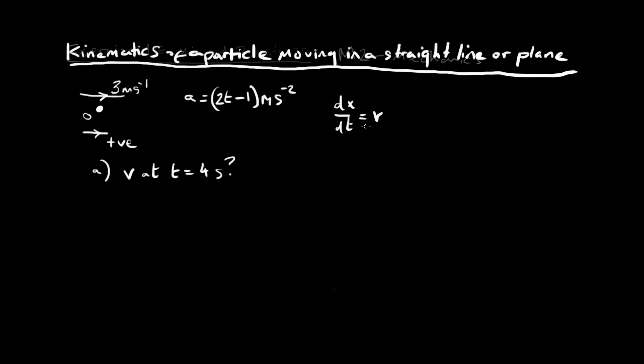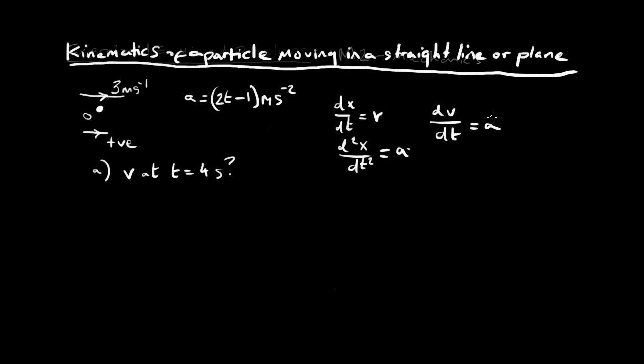We don't care too much about vectors in this question, and if you differentiate that again, you get d2x by dt squared, which is equal to the acceleration, or you can just write it in terms of v, dv by dt is equal to your acceleration. Therefore here, since we have the acceleration, we want to go backwards towards a velocity, finding a velocity as a function of time. We need to integrate with respect to time.